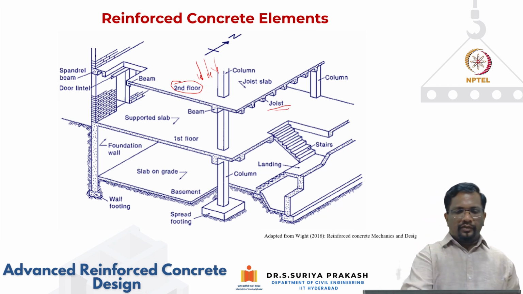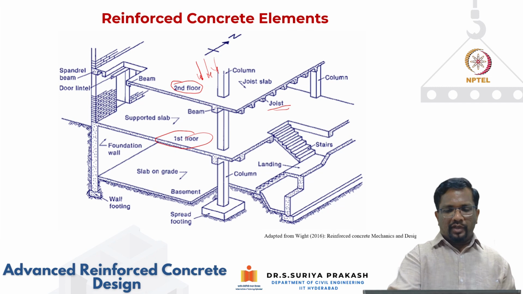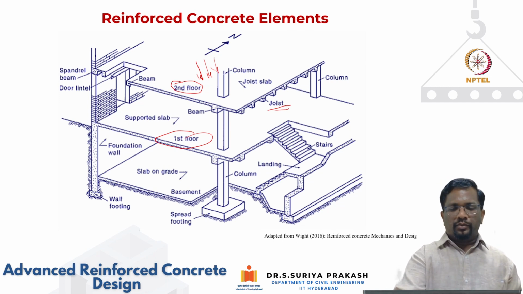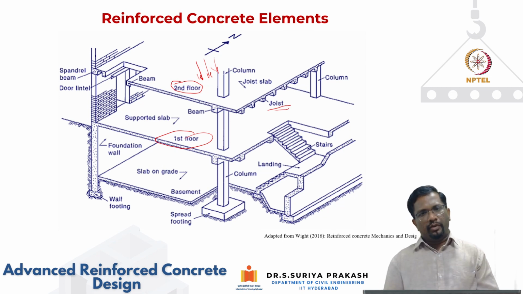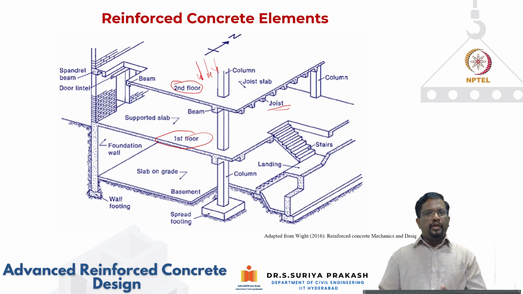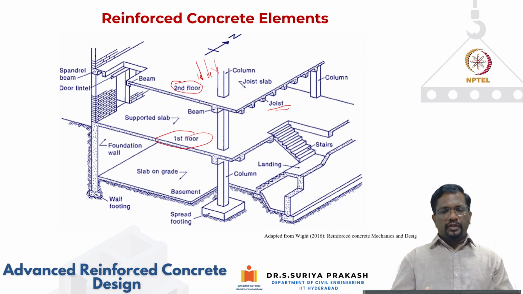If you look at the first floor, we have a slightly different system. We do not have joists, but we have beams. The slabs transfer load to these beams, and in turn the beams transfer the load to the column, and then the column to the foundation. The foundation also has to transfer the load to the soil below. The soil should also have adequate bearing capacity, otherwise we can have a foundation failure.